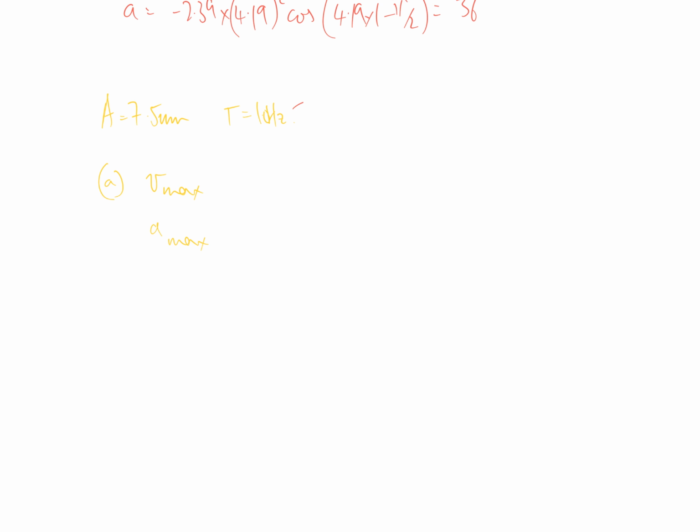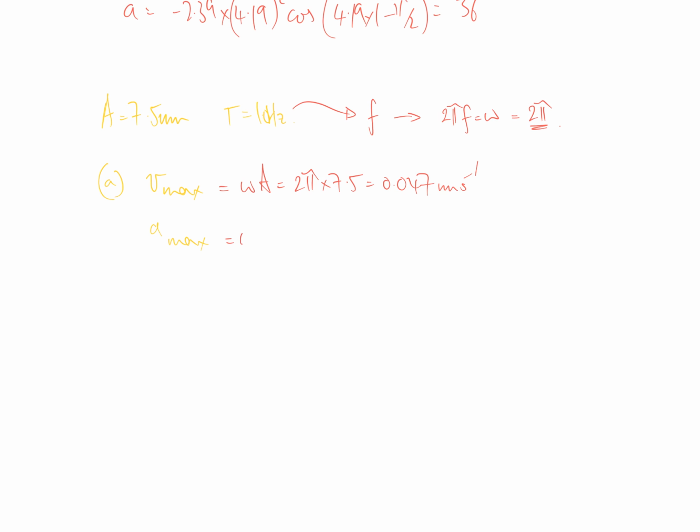Well, the 1 hertz is a bit misleading to call a time period, because it should be the frequency. And we know that 2 pi f equals omega, so omega is 2 pi. V max is omega A, which gives us 2 pi times 7.5, which gives an answer in the order of 0.047 meters per second.